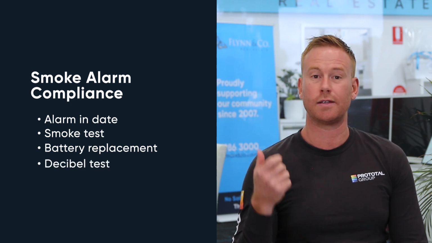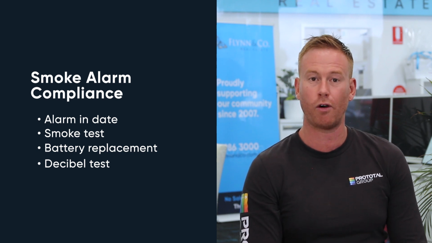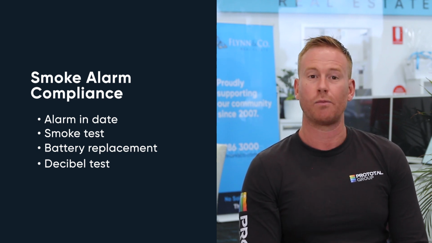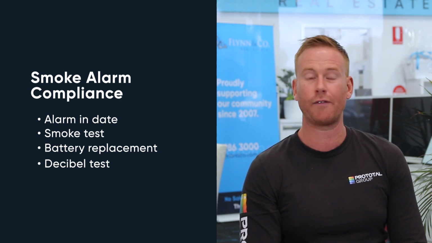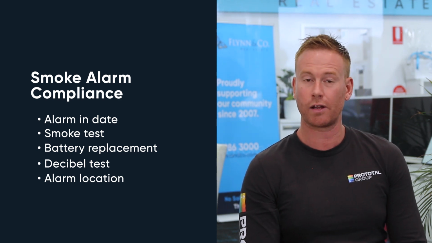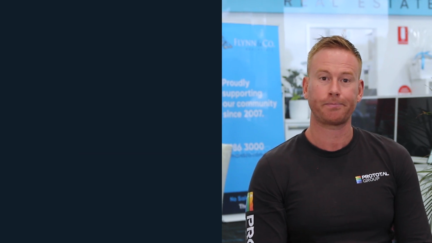We also conduct decibel tests because, as per requirements, testing needs to be above 85 decibels. That's done with a fully calibrated meter. And we have to make sure the smoke alarms are there enough, are in the correct location, and are compliant.